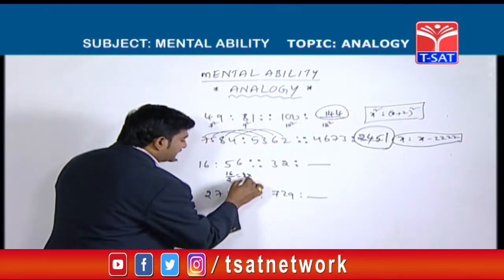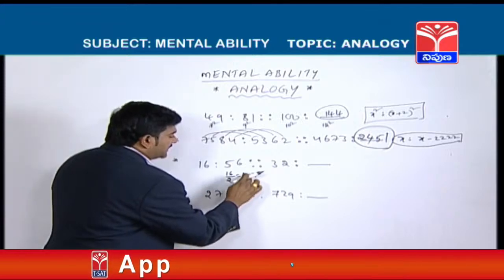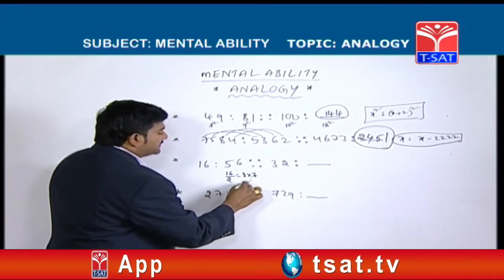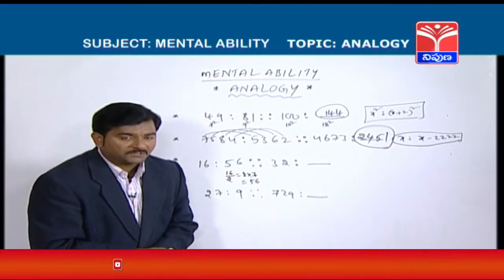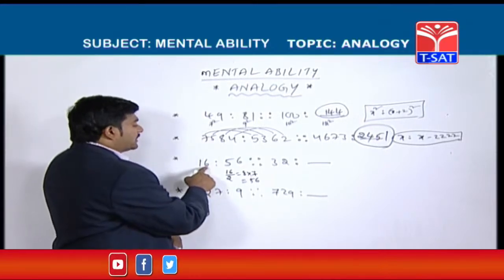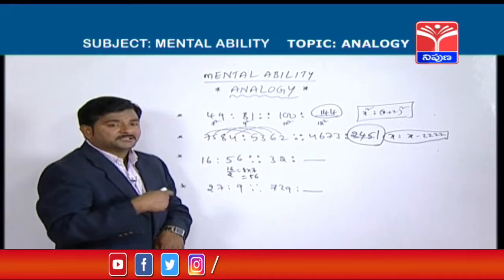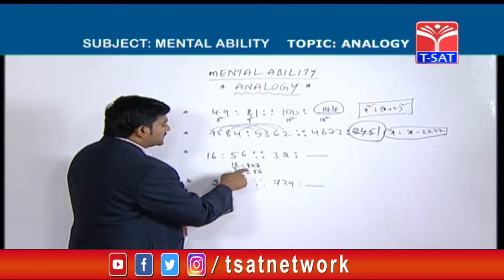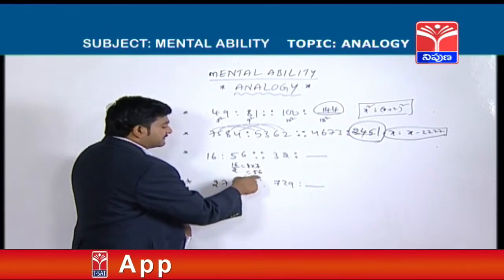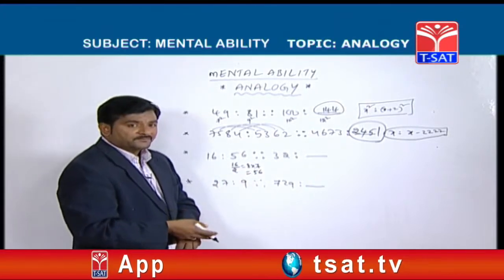So multiplying 8 with 7. 8 sevens are how much am I getting? 56. What is the concept involved in this here? So doing half of this number and after getting that number multiplying with 7. Okay. So 16 by 2 means 8. 8 multiplied by 7, what am I getting? 56.